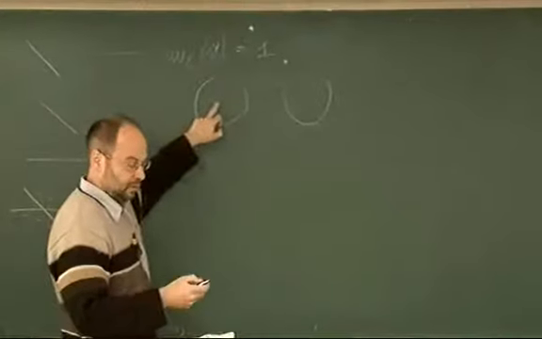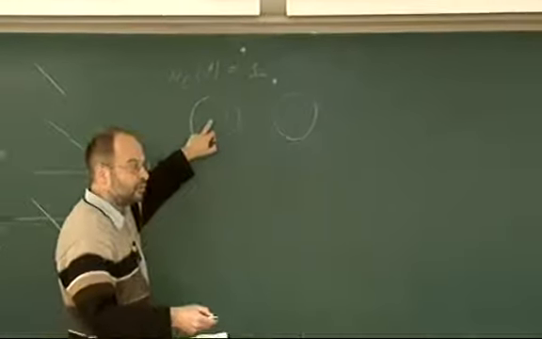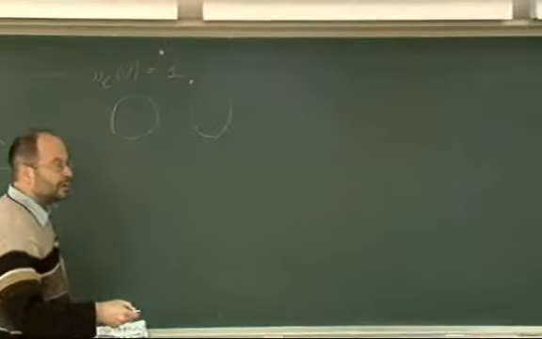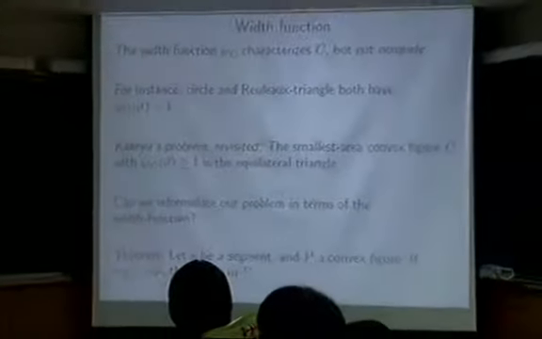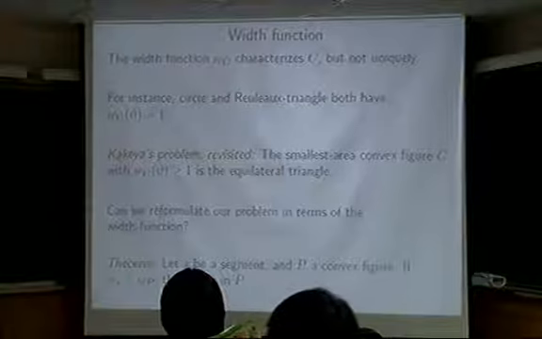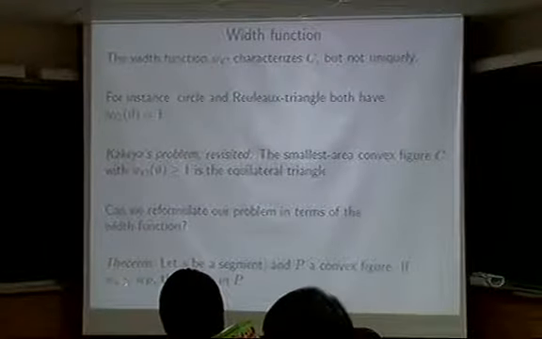Right? So it's certainly not true if you put convex figure P and convex figure Q. But I claim if you take a segment, then you can just test if it fits inside P by comparing the two width functions. So you do it for every theta, or how do you compare? Okay, so what this means is pointwise domination. Right? So for every theta, the widths must be less than or equal.